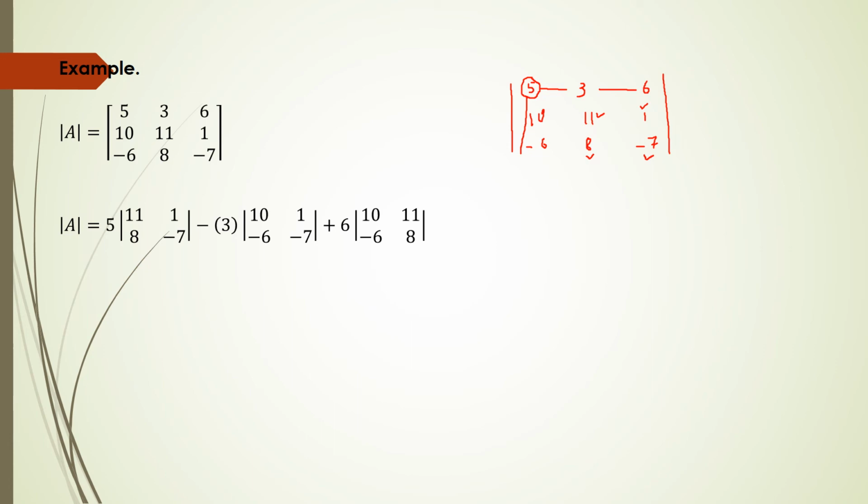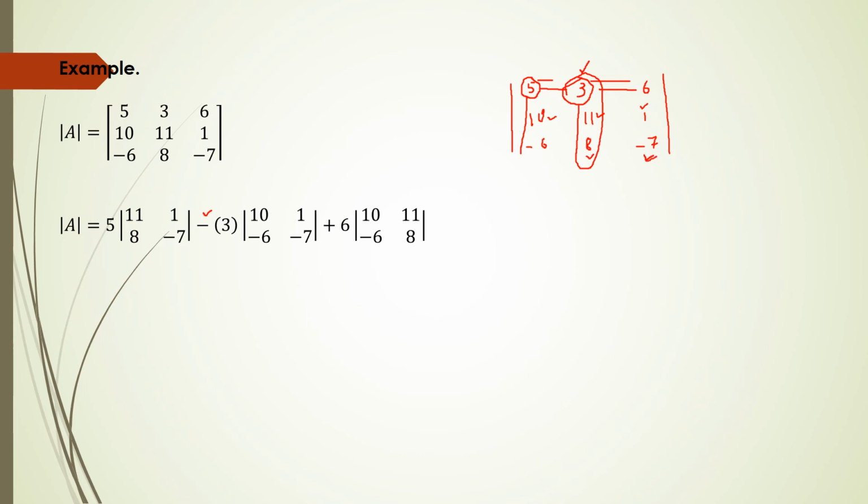Okay, now the second element we have is minus 3, but before writing down 3 we have to put a minus sign here. Now this 3 occurs in the first row and second column, so the remaining elements we have are 10, 1, minus 6 and minus 7.